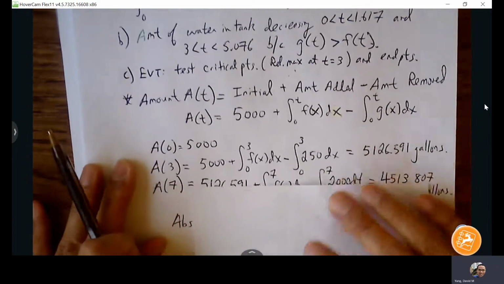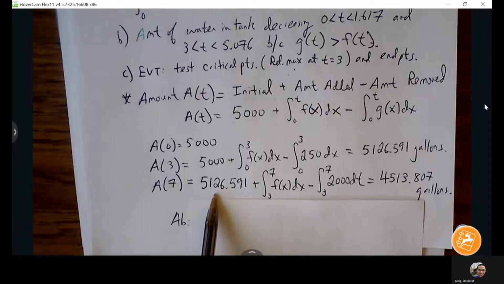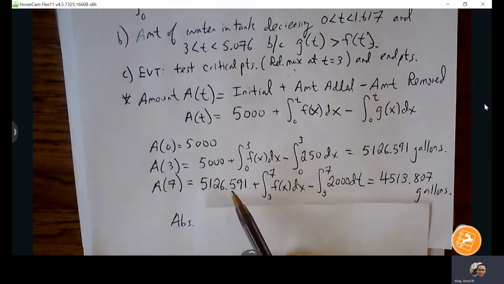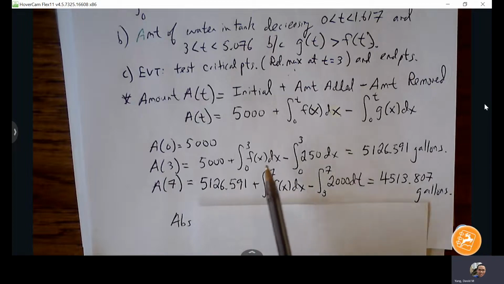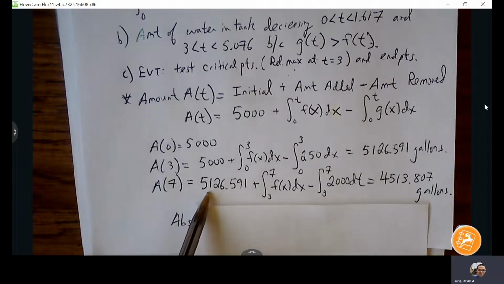Because I know that 3 hours in, I have 5126, and then from there I can just keep doing running total. From 3 to 7, I can figure out how much water has entered the tank between 3 and 7 hours. And then I can also figure out how much water has left the tank between 3 and 7 hours. It's a different rate. So it's nice to be able to split up and just not to count from 0 again. I can just count from 3 hours forward.